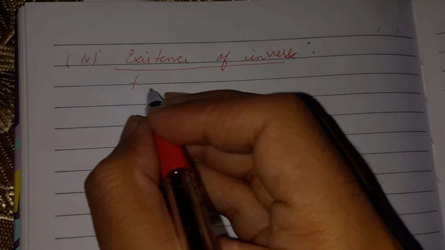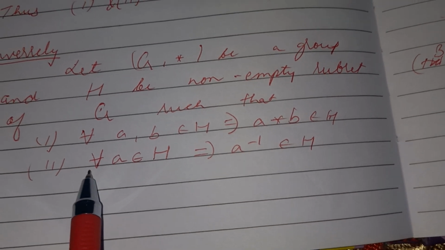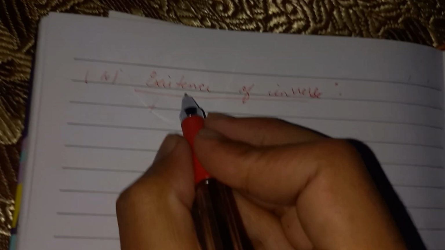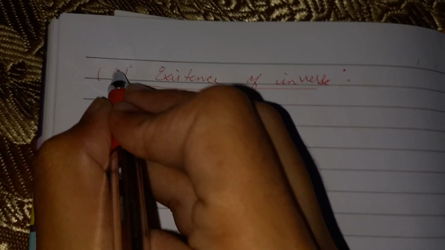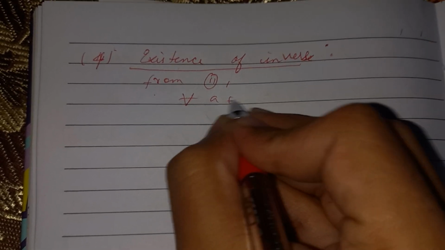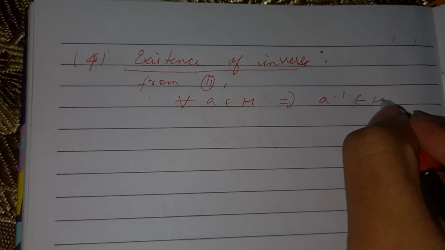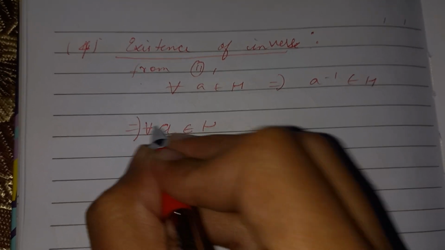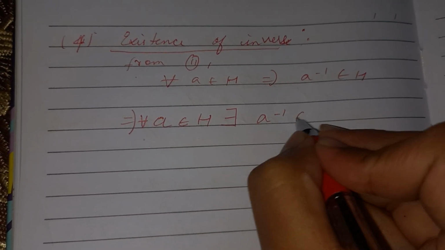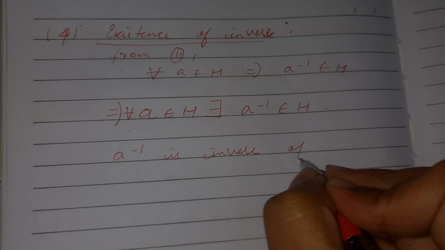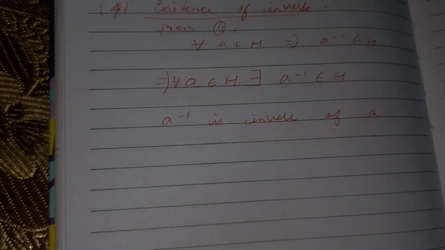This also is already proven, since we have the second given statement, which is for all a belongs to H implies a inverse belongs to H. Therefore from 2, for all a belongs to H there exists a inverse belongs to H, which means a inverse is the inverse of a. So this property is also satisfied.